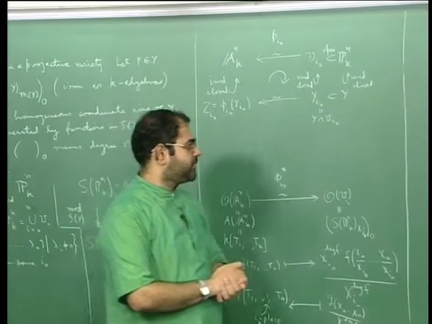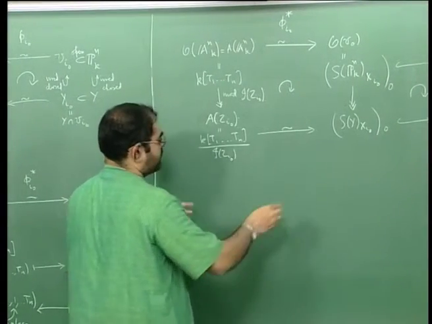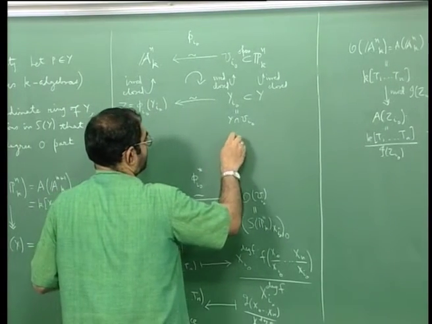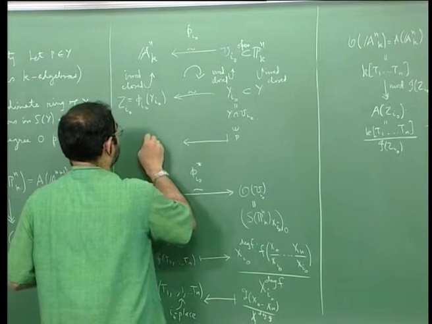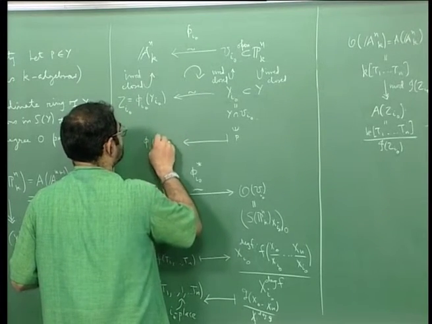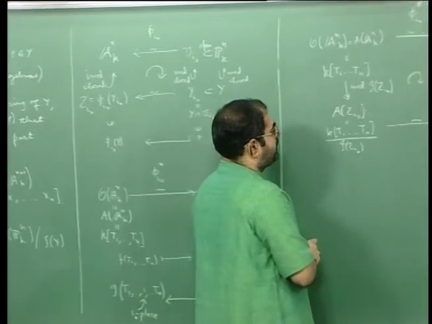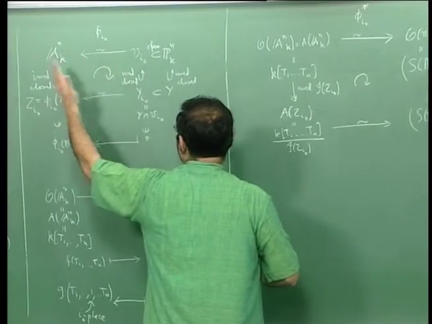Now, if you take the point P here, it goes to the point phi I naught of P, which is a point here.